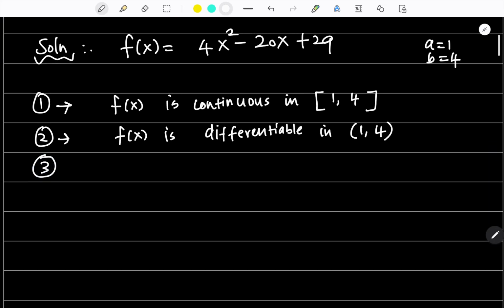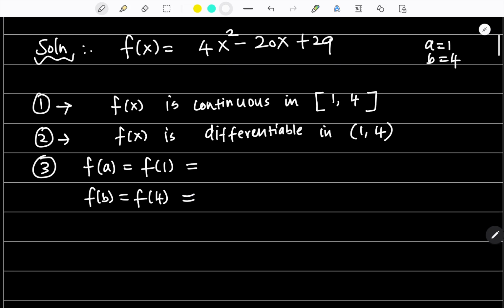Then the third step is you're going to find f of a, that is f of 1, and you're going to find f of b, that is f of 4. So this is your equation, right? You type this equation in the calculator, or you just put 4 into 1 square minus 20 into 1 plus 29.